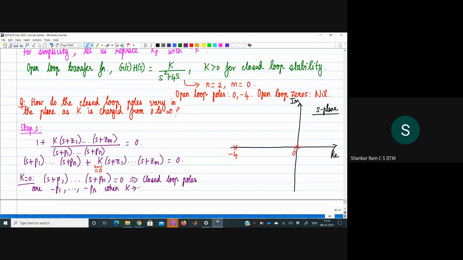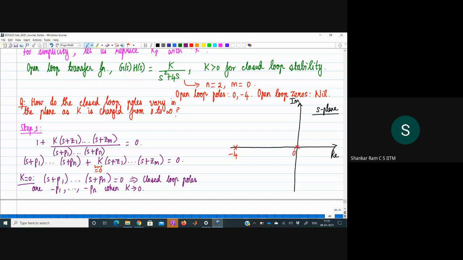Of course, when k tends to 0. It doesn't make sense to say k equals 0, because if k is equal to 0, we don't have any problem to solve in the first place. But by slightly rephrasing, we can say as k tends to very small numbers, the closed loop poles are going to tend towards the open loop poles. I'm sure all of us agree.